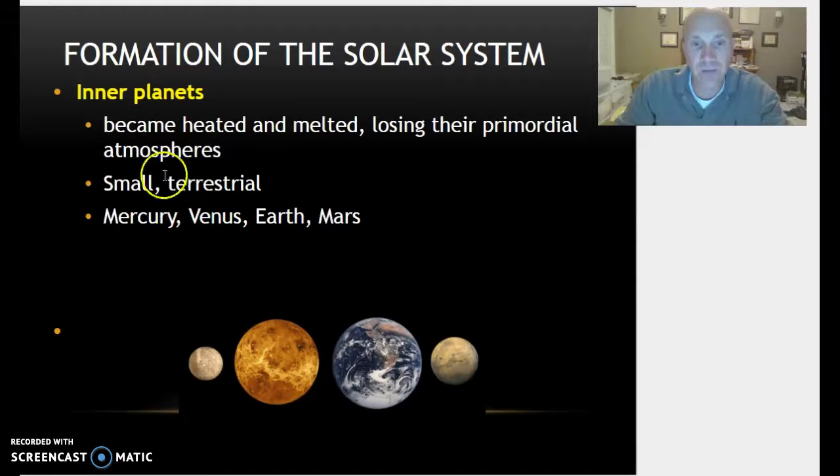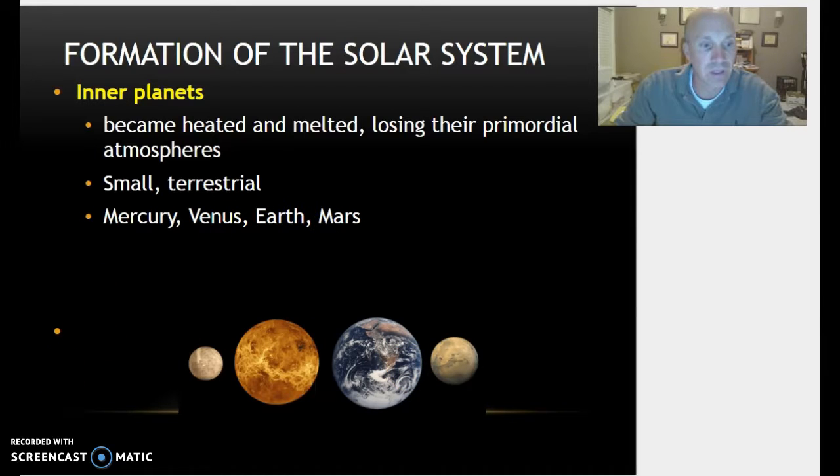So one thing about them is when the solar system was being formed, they were very hot. All right. They were originally big melted balls. All right, and when the solar system was really young, it was really too hot for them to have an atmosphere. All right, so they lost their primordial atmosphere. It was only later in Earth's development that it was proposed that it developed an atmosphere.